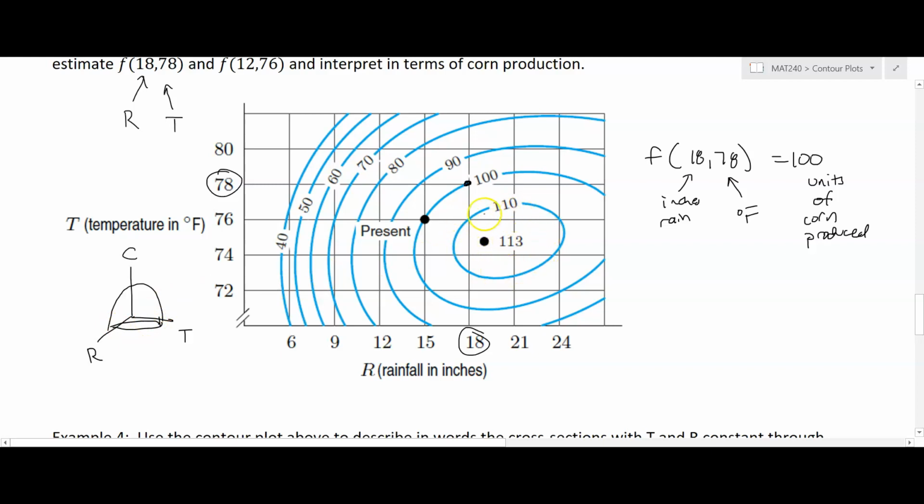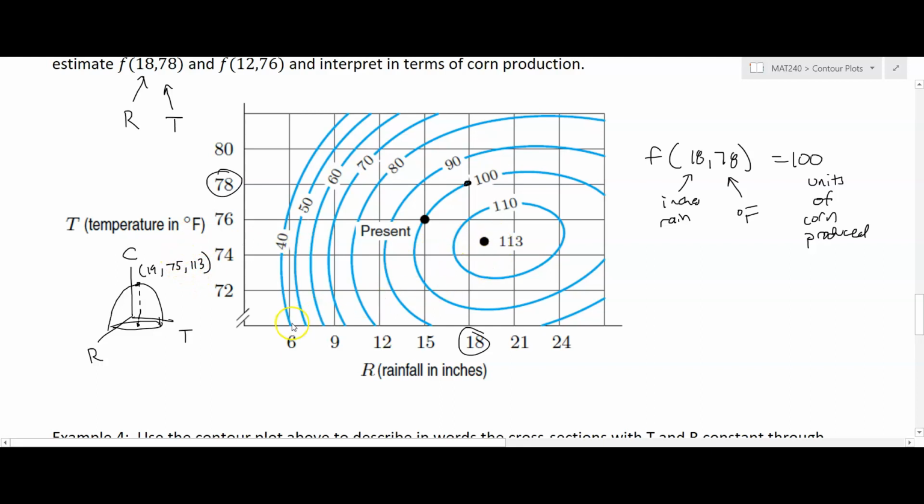You can get 110 units of corn production as you get closer to this point here, which, let's say, represents about 19 inches and about 75 degrees. So if we project it upwards from there, that would represent what seems to be our max of about 19 inches of rain, about 75 degrees, corresponding to 113 units of corn produced.